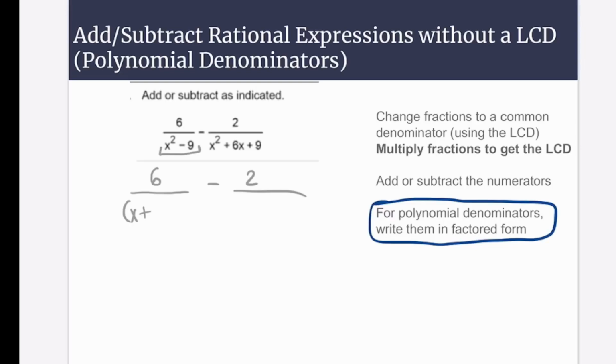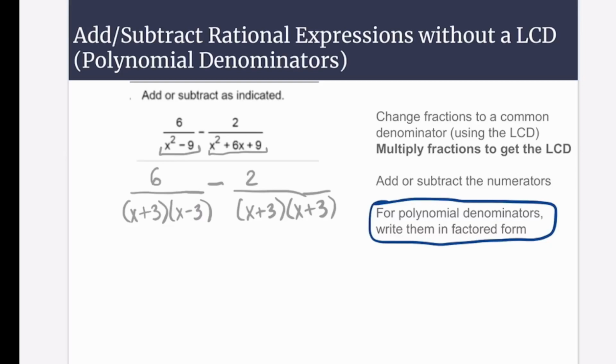So that's going to factor as x plus 3 times x minus 3. The x squared plus 6x plus 9 is a trinomial. So we're going to write that as x plus 3 times x plus 3.